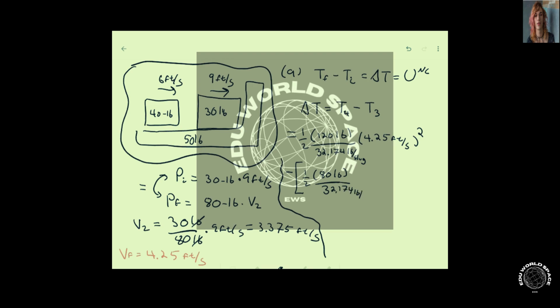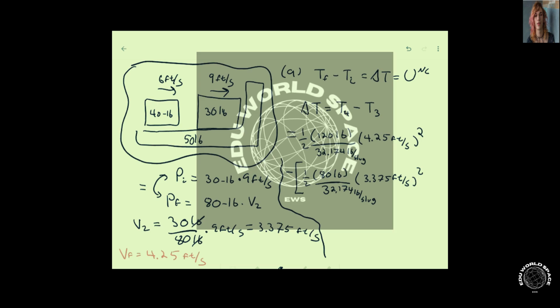Divide that by 32 pounds per slug. That gets our mass. We have that much mass traveling. Well, what did we figure it out to be? That was 3.375 feet per second, right? So when we throw the 40-pound suitcase on, we still have the 30 and 50-pound objects traveling at that 3.375 feet per second. That's still part of our kinetic energy there.